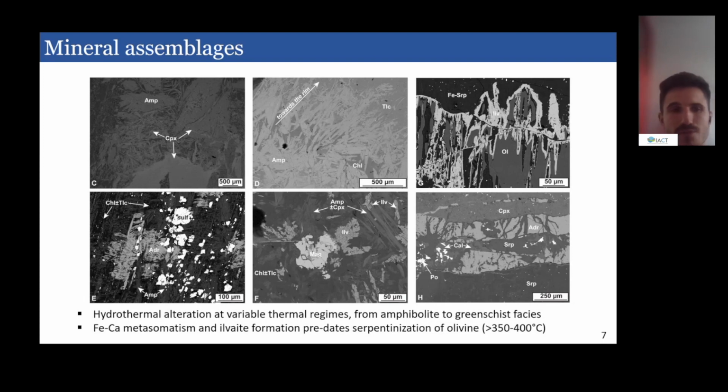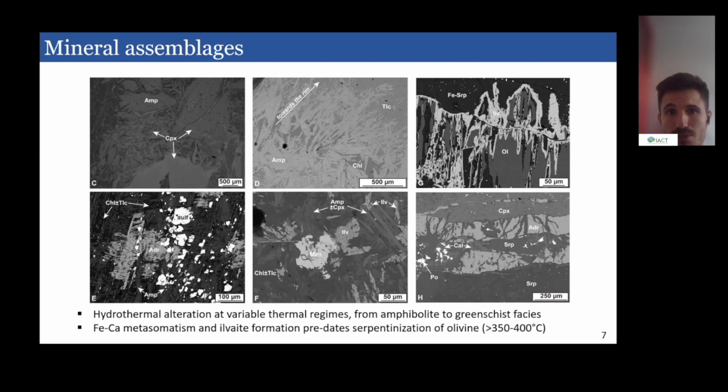The magmatic veins are partially to completely replaced into secondary minerals, mostly amphibole, secondary clinopyroxene, chlorite, talc, and serpentine, which suggests hydrothermal alteration that took place at variable thermal regimes, from amphibolite to lower greenschist facies conditions.